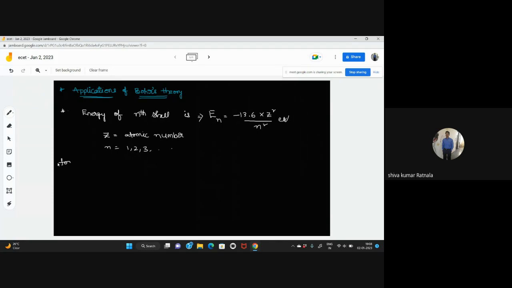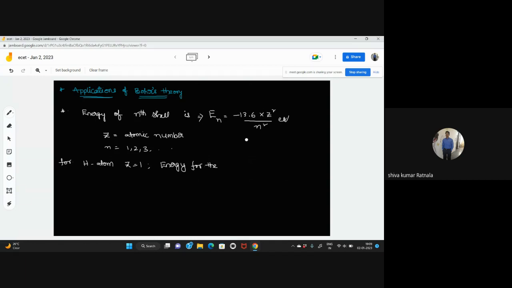For example, for a hydrogen atom, Z equal to 1 because the atomic number of hydrogen is 1. Energy for the first shell.